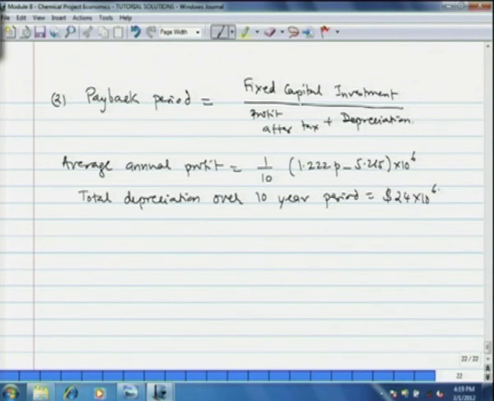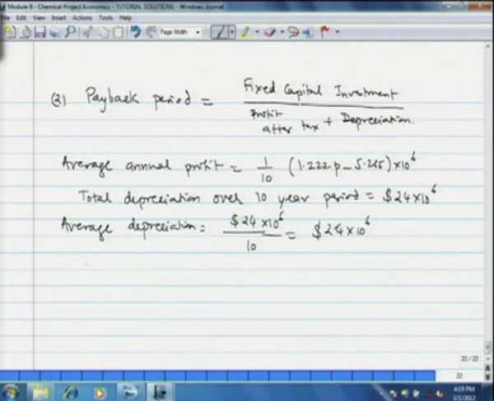So the average depreciation per year we take 24 into 10 to power 6 divided by 10 as 2.4 into 10 to power 6 dollars, or $2.4 million.